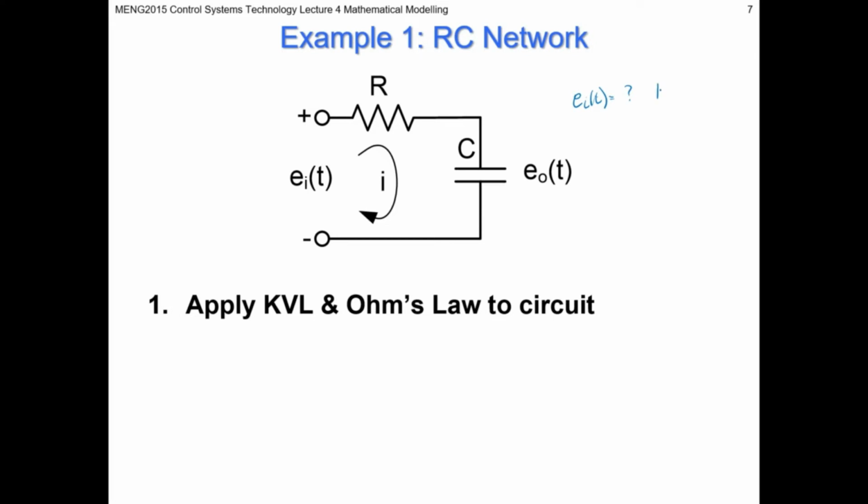E_I(t) equals what, using Kirchhoff's voltage law, and E_O(t) equals what? This is actually using a version of Ohm's law. So to save time, let me just go through it as a worked example.